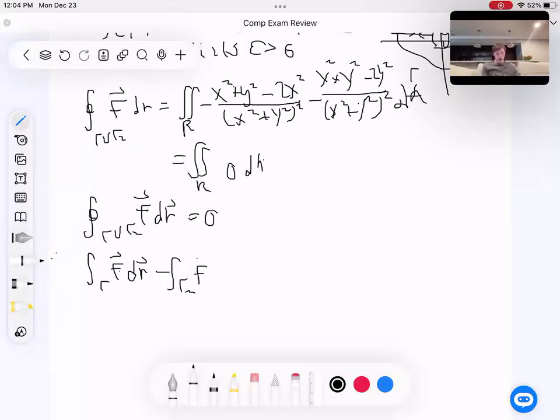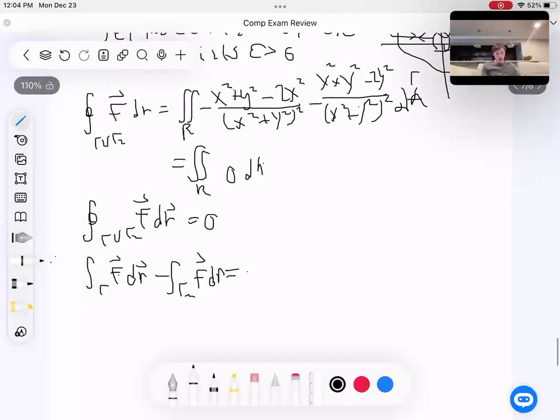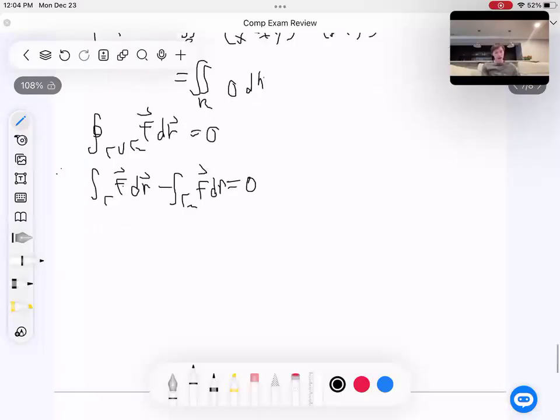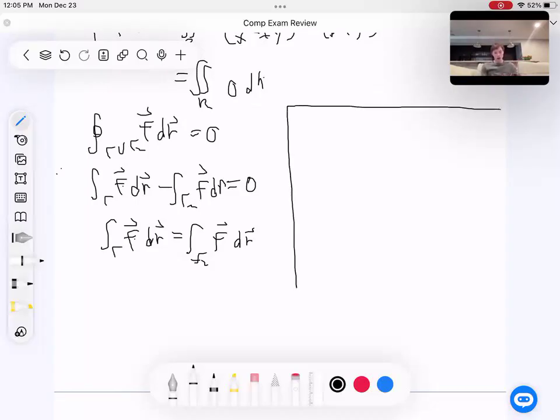And because this is equal to 0, we know that for any curve gamma, the integral of F dr is going to be equal to the line integral across this small little circle with respect to epsilon. So we really just need to calculate the line integral across the circle, which simplifies things down a lot. In order to calculate that, we are going to need to find a parameterization of our curve.